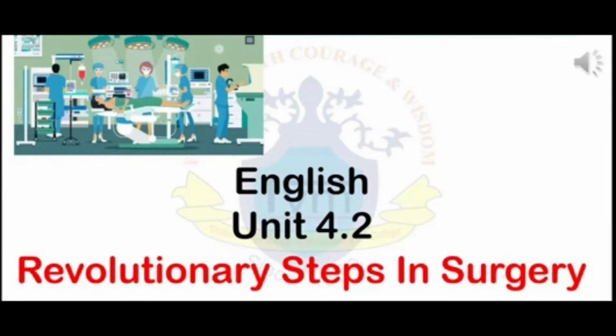Revolutionary means a total dramatic change or sudden change that has taken place. It can be all around our world. The meaning of revolutionary is a dramatic change. So today we are going to study a dramatic change that has taken place in surgery.